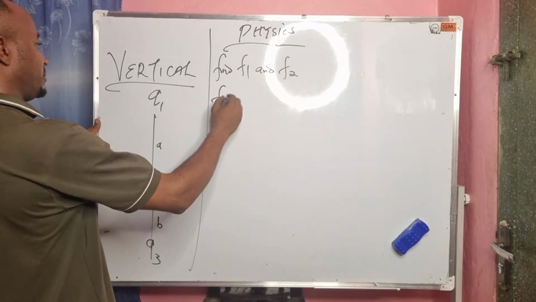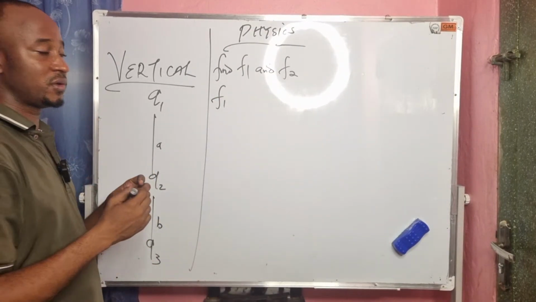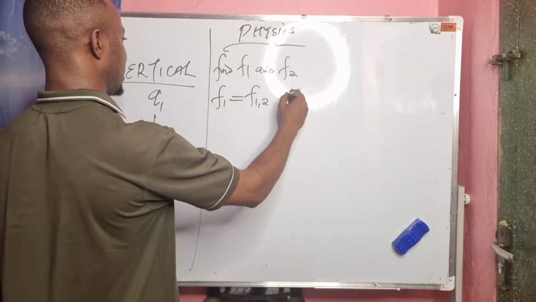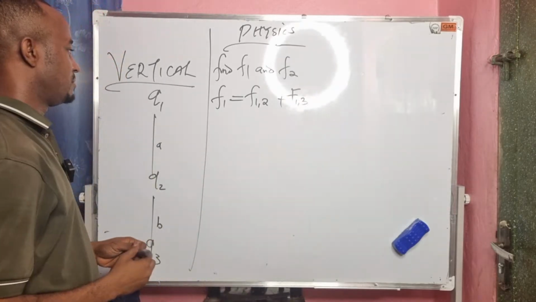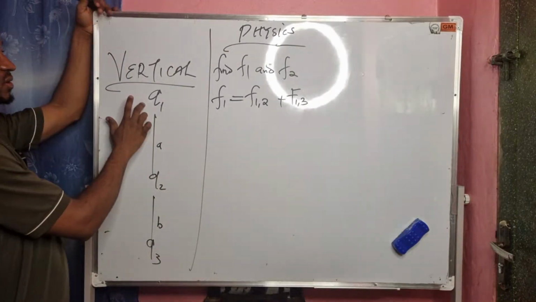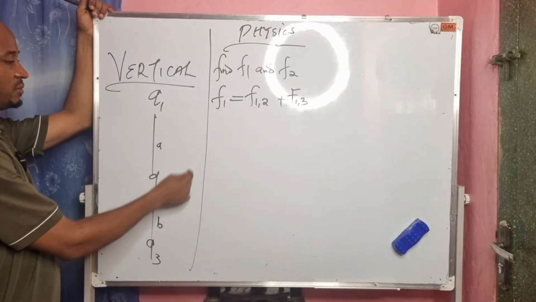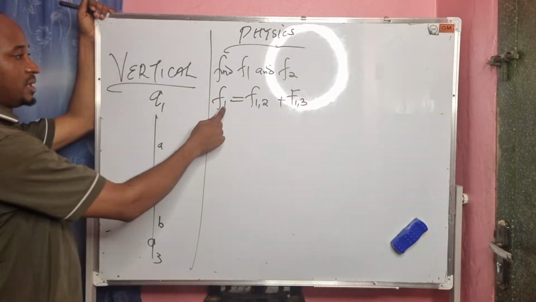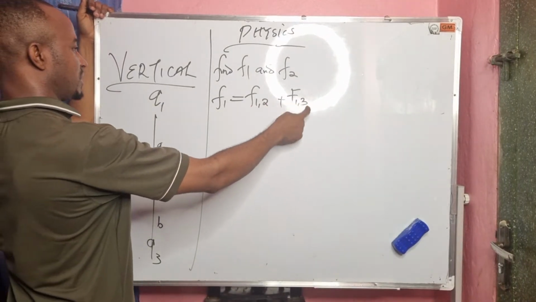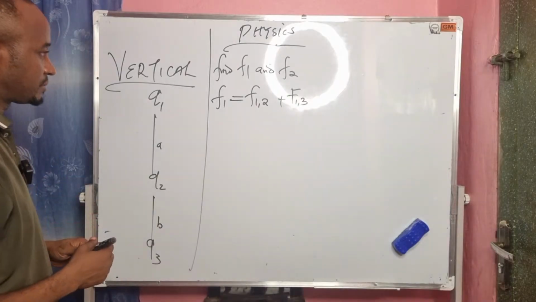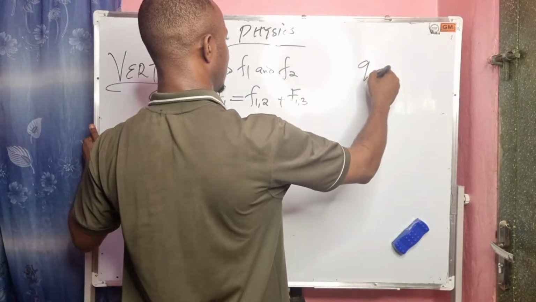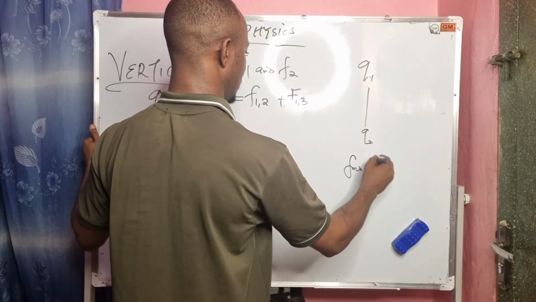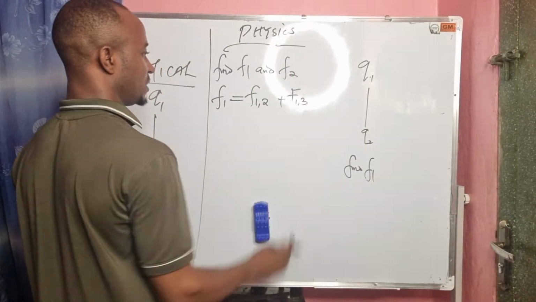So F1, from the principle of superposition of force, is simply F1,2 plus F1,3. Is that clear? The action of force is on charge 1, so that will give us from 2 to 1, from 3 to 1. But if I have Q1 and just Q2, and we have to find only F1, this is just between two charges.